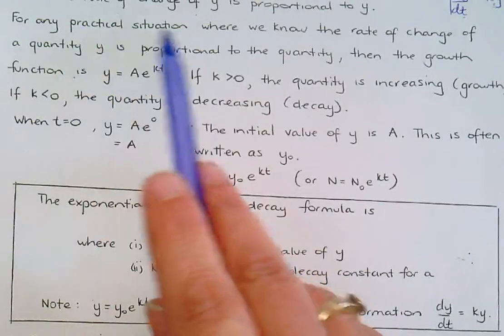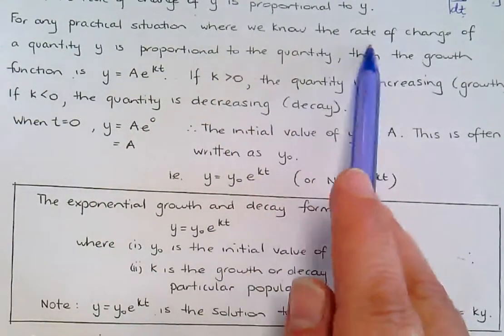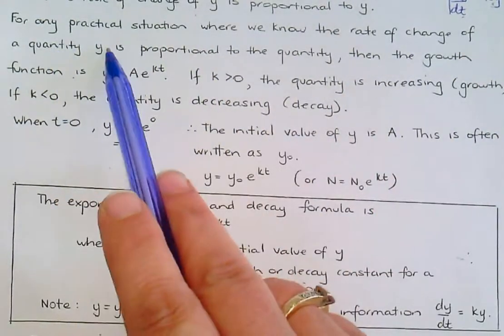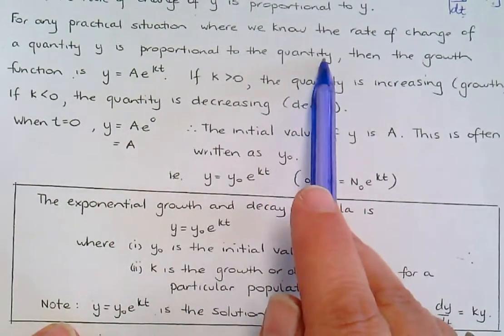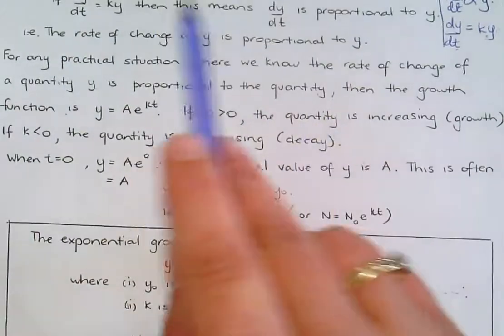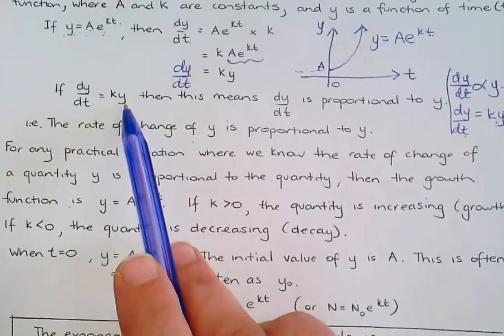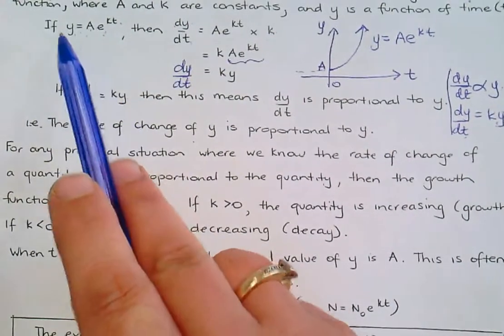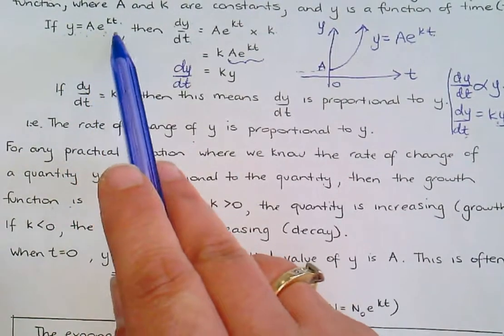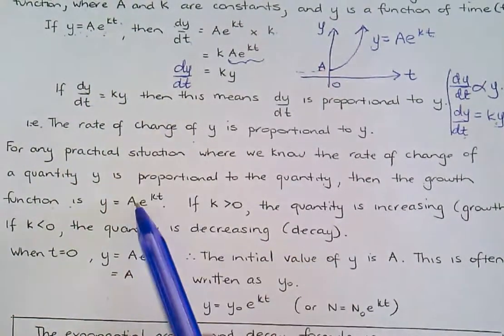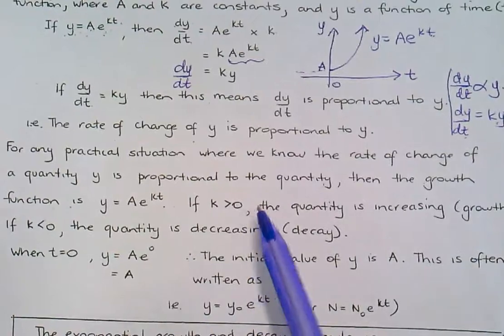Now, for any practical situation where we know that the rate of change of y is proportional to the quantity, so if you're told that dy/dt equals ky, then you're allowed to say, therefore, y equals Ae to the kt. You'll see it when we do some examples.